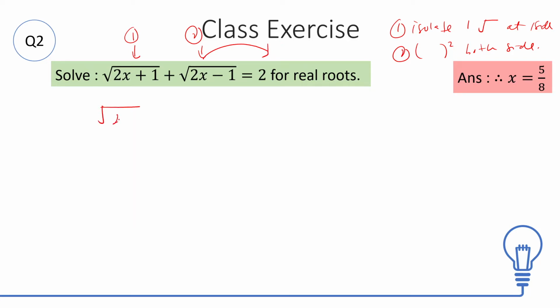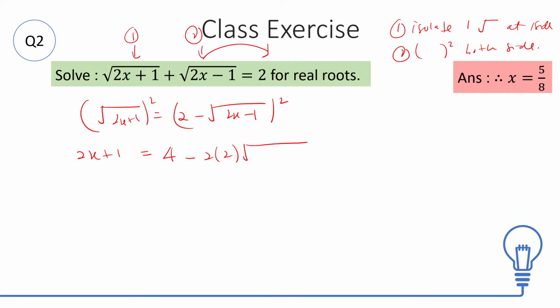So 2x plus 1 equals 2 minus the square root of 2x minus 1, and now applying the squaring, the left hand side is 2x plus 1, the right hand side is a squared minus 2ab, and then plus b squared.